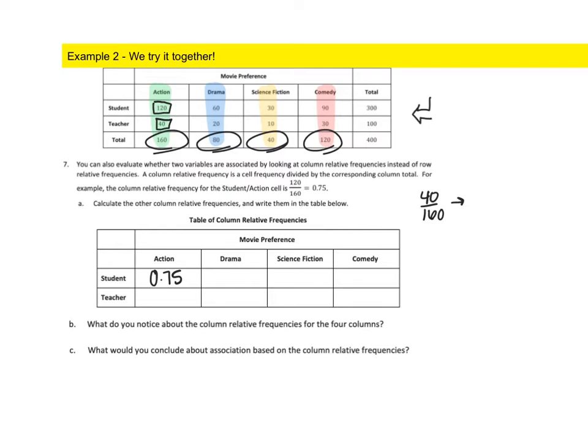And if we turn that into a decimal, 40 divided by 160 is 0.25. Okay. Now I want you to do the drama for the student and the teacher. I'll give you about 30 seconds to come up with those fractions.